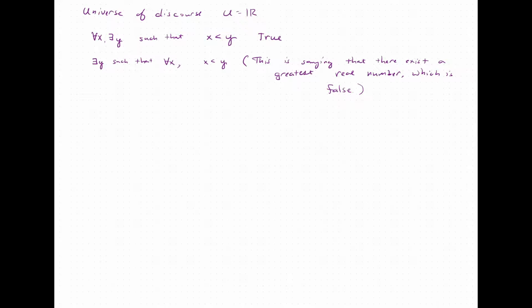On a similar vein, let's go ahead and take the following statement. We're now f of x and y, and now we're changing our universe of discourse. And so now U is the set of humans.